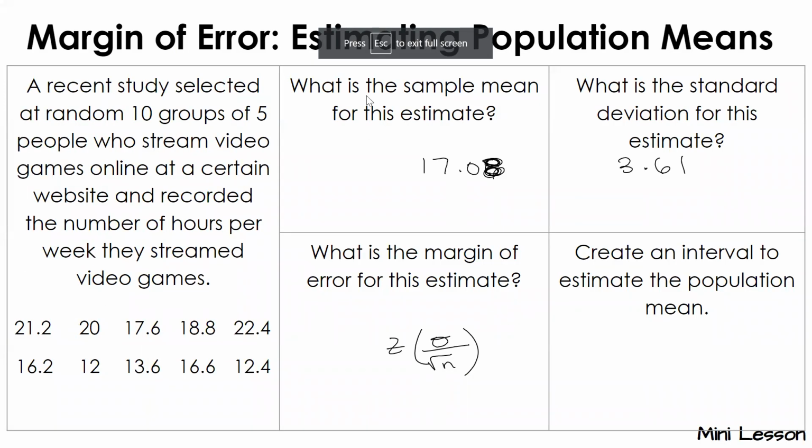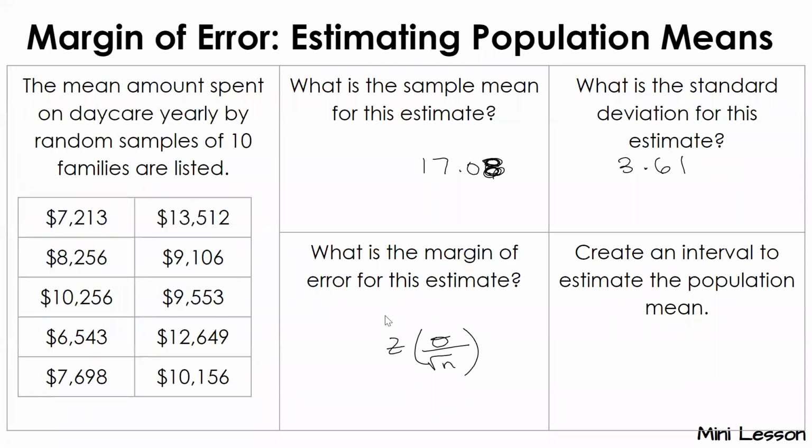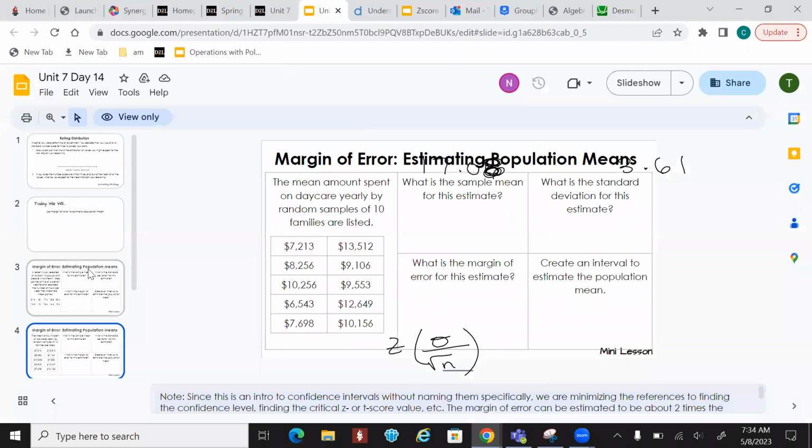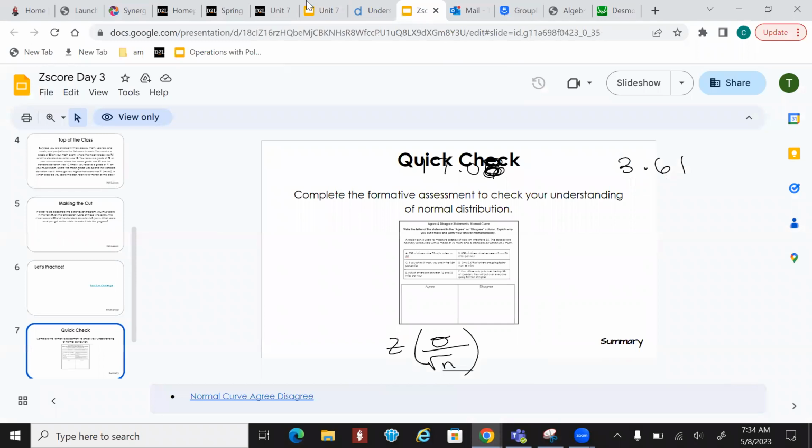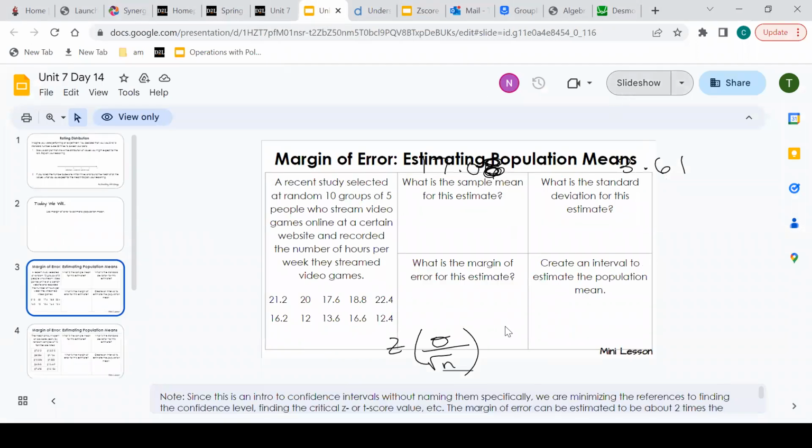The Z that we're going to use is going to be 1.65. Okay, so really quick. When they don't give us any kind of information about confidence level or anything like that, we're going to assume that it's 95%.